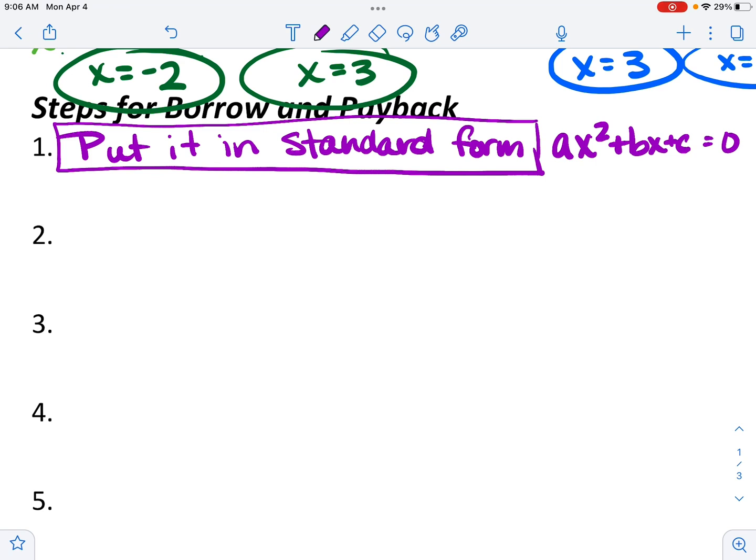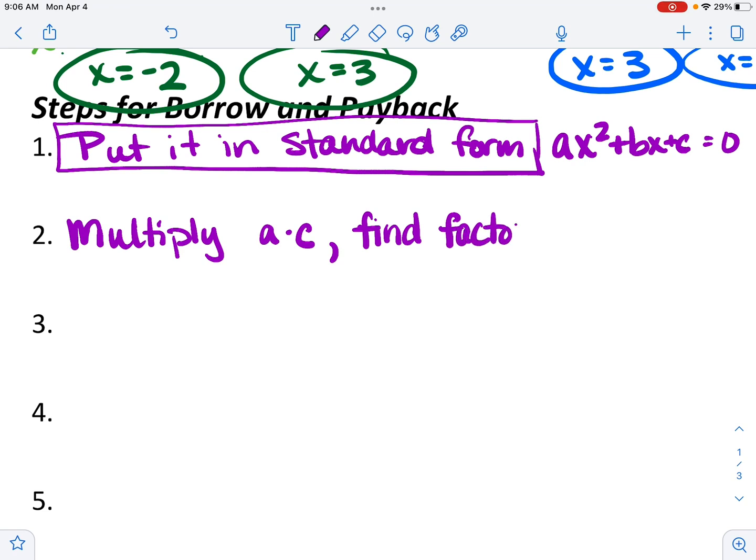Then you're going to multiply A times C, and then find the factors for the product, or for the answer.